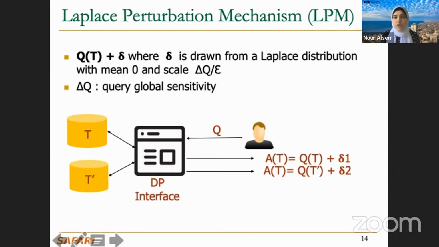So for example, if you are talking about some query, what's the maximum change in the sum result for both data sets? This is what we call the global sensitivity. Then at the end, we add noise. We also have other approaches like Gaussian, exponential, and so on. Here, since we are dealing with a numerical data set, Laplace fits our genomic data sets.